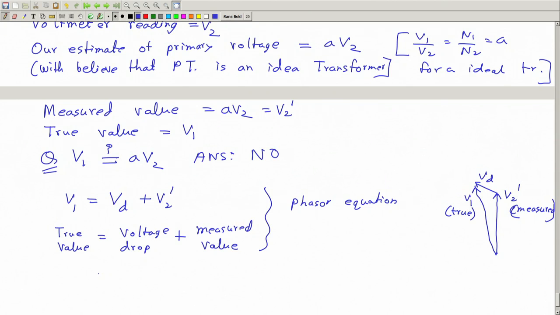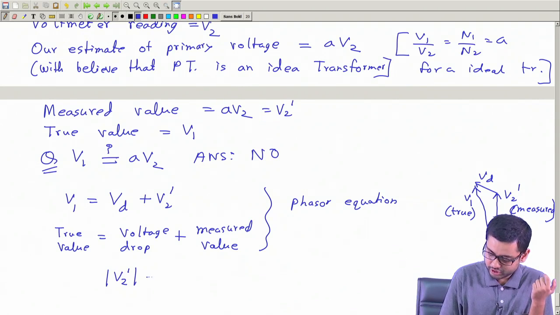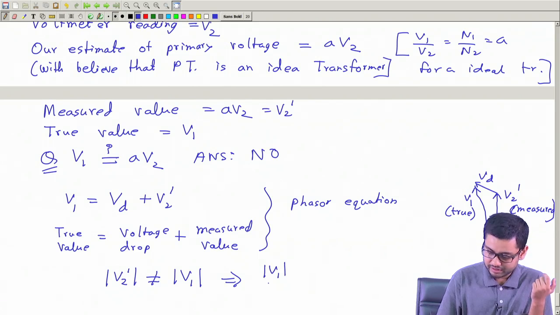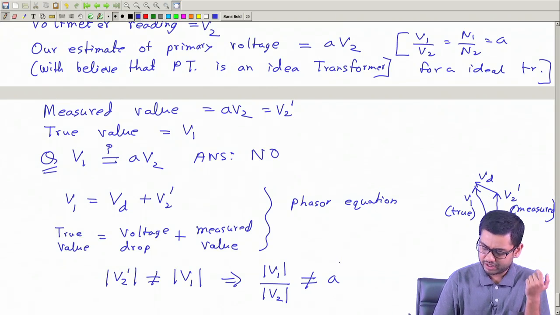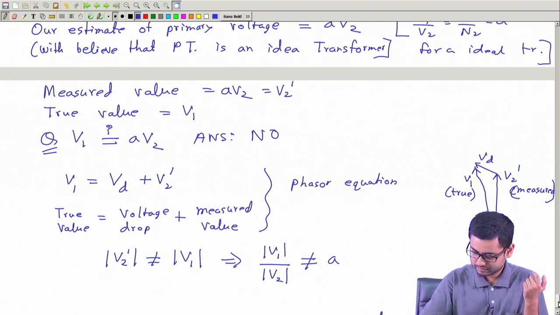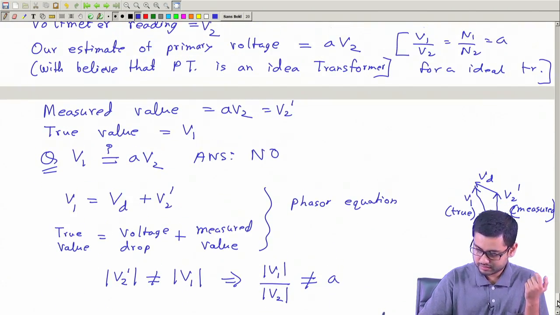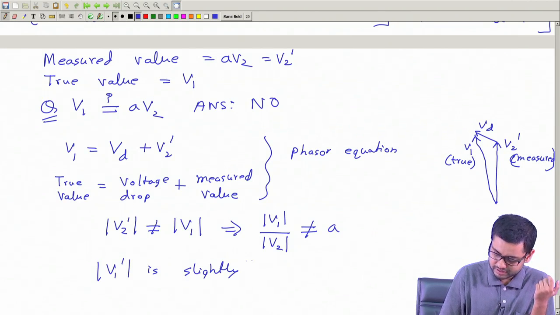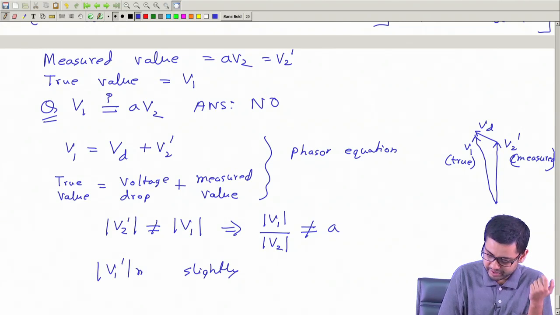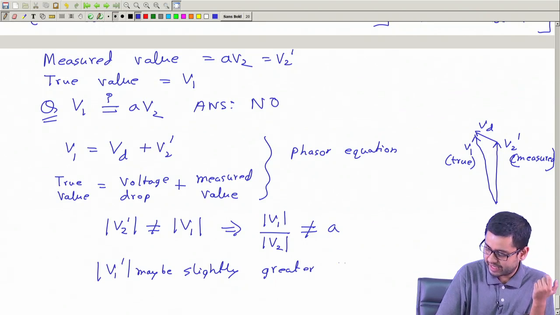What are the errors? Number one, the magnitude of V2 prime is not equal to the magnitude of V1, which implies that V1 by V2 is actually not equal to A. According to this diagram, V1 is slightly greater than V2 prime.